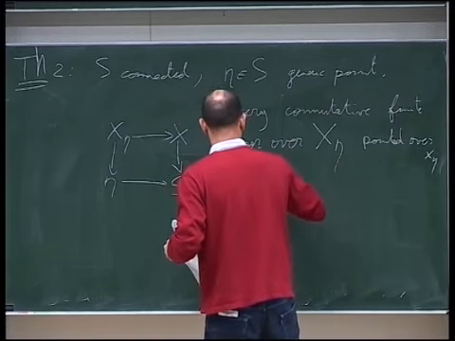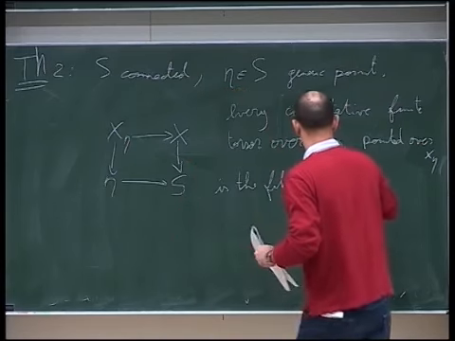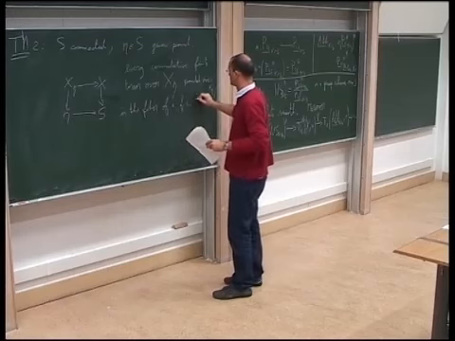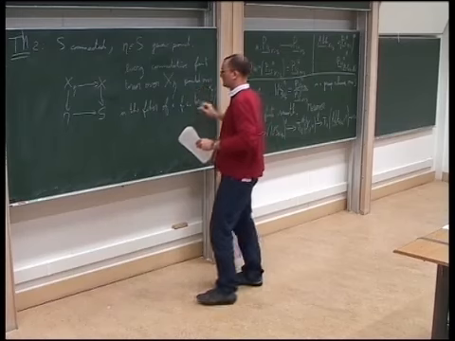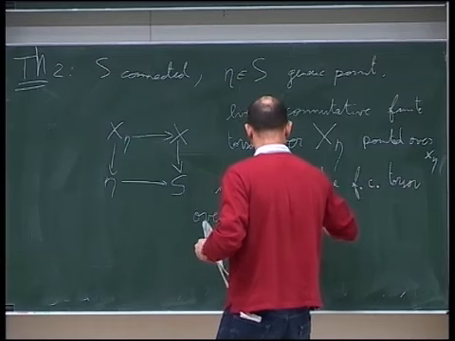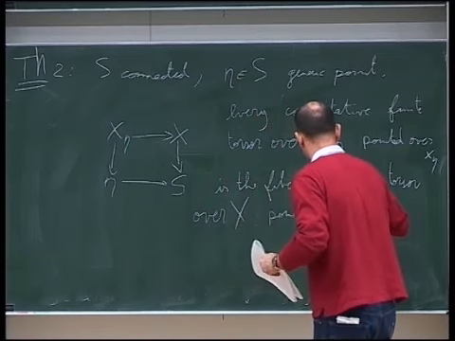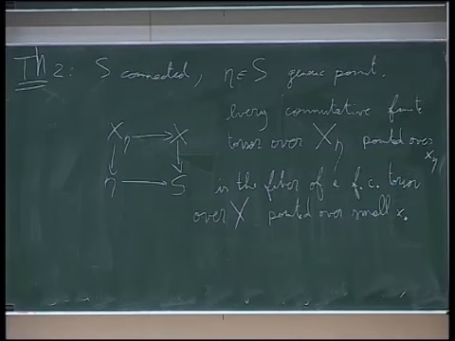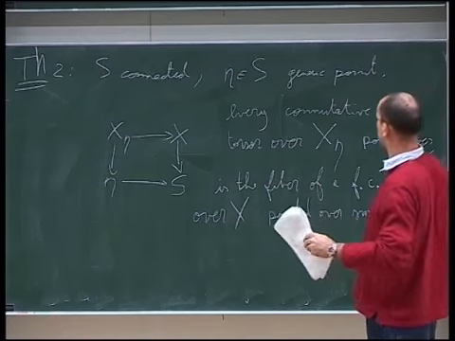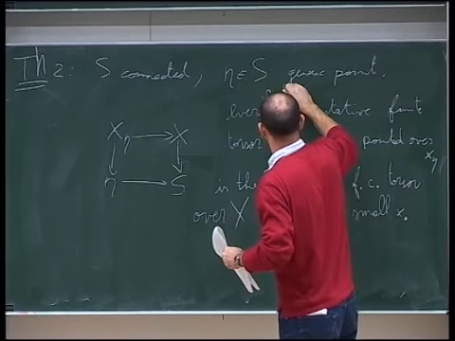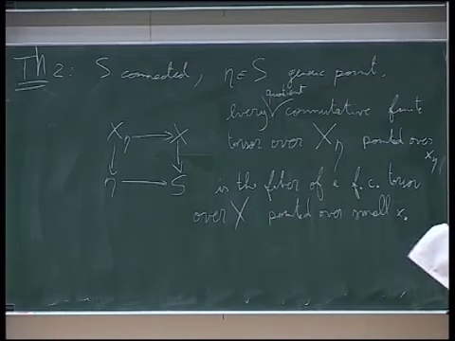Is the fiber of a finite commutative torsor over X pointed over small x. So here it is probably not necessary, but I add the assumption that it is a quotient.